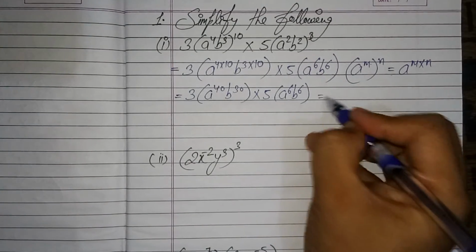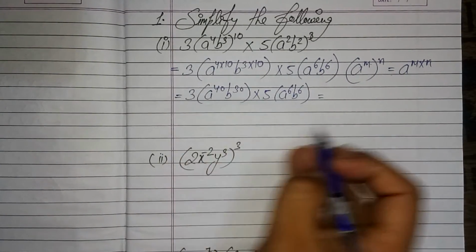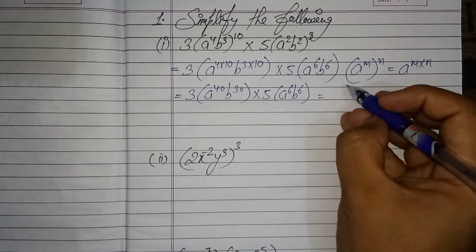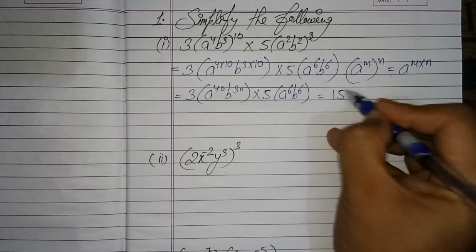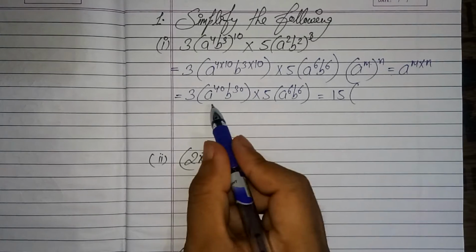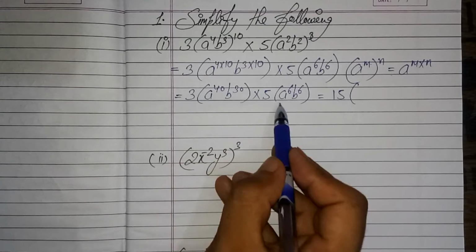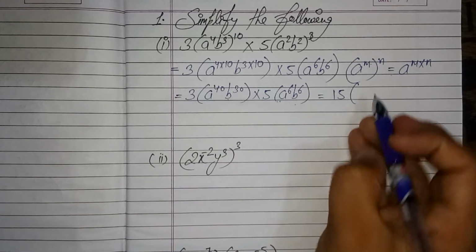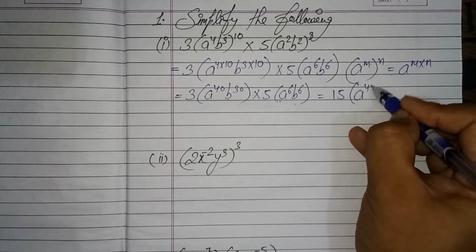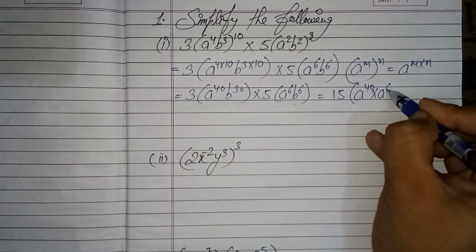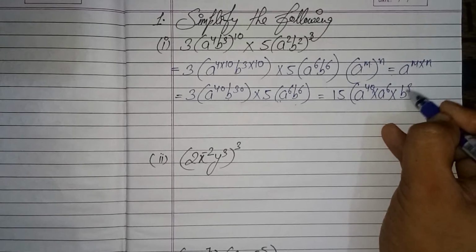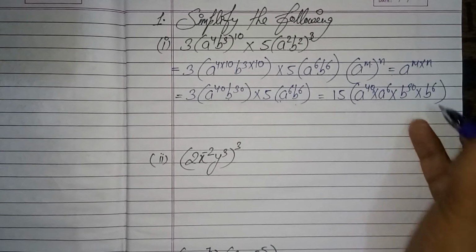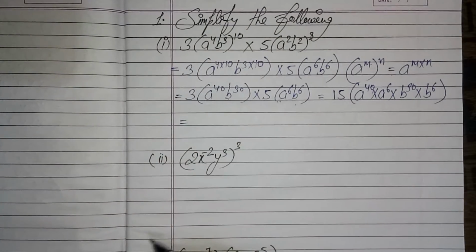Now simply multiply the numbers outside the bracket, 3 multiplied by 5 is 15, and inside, just pair the numbers having base a together and base b together. So we have a^40 multiplied by a^6, and b^30 multiplied by b^6.